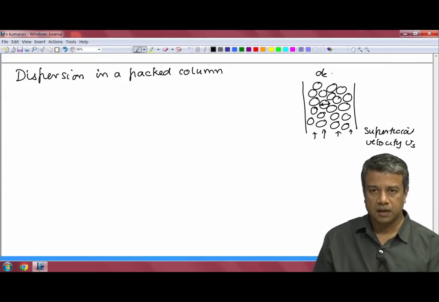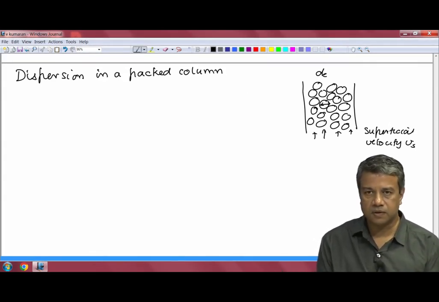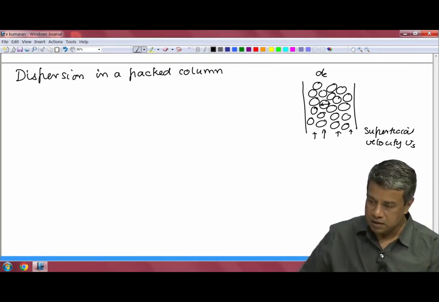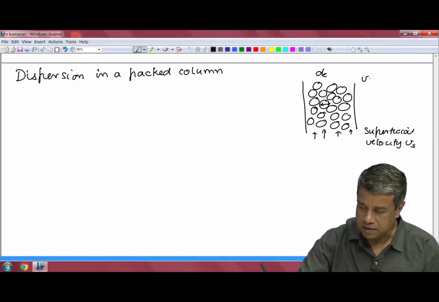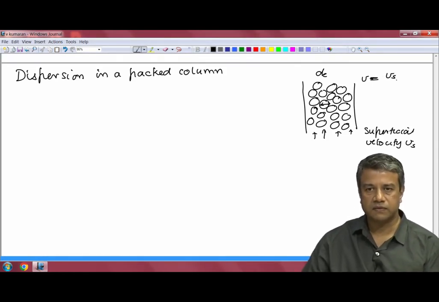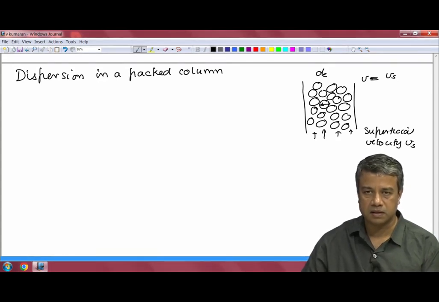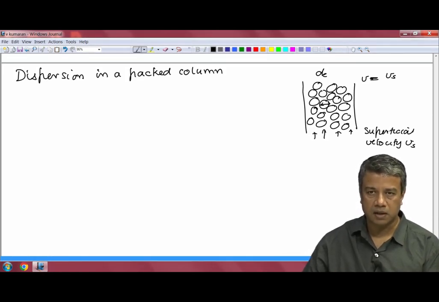Okay. And the characteristic velocity of the fluid through the pores is the ratio of the superficial velocity. Recall, superficial velocity is the velocity through the cross section when there are no particles present. When there are particles present, the pores constitute only a part of the total cross sectional area.